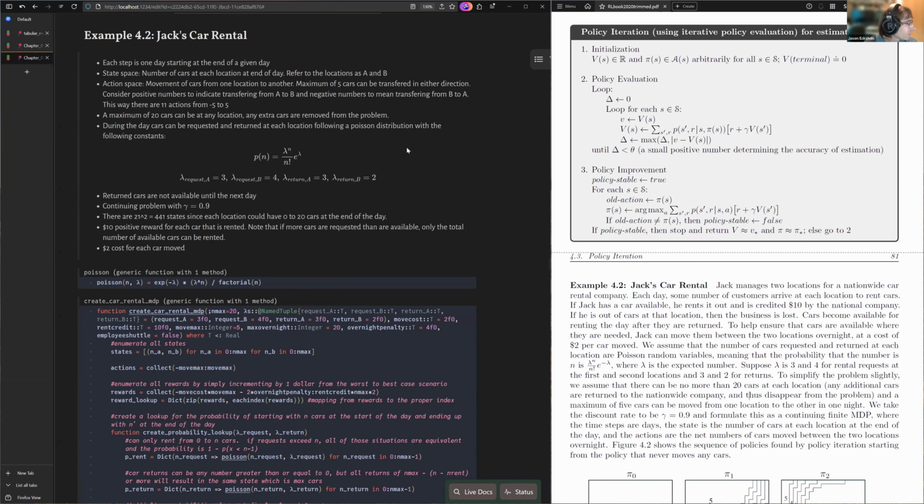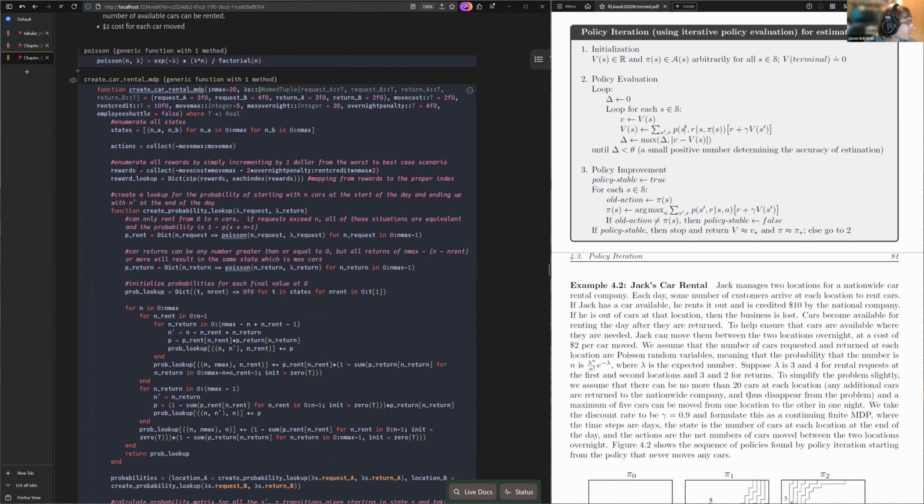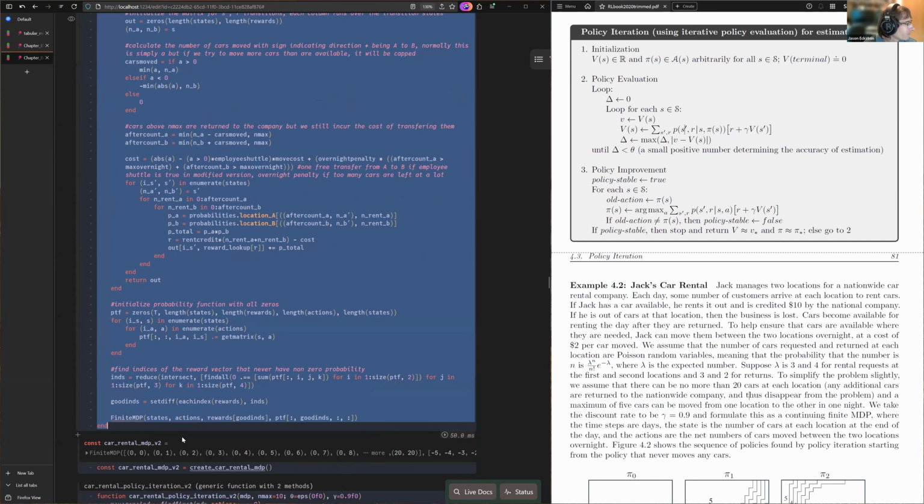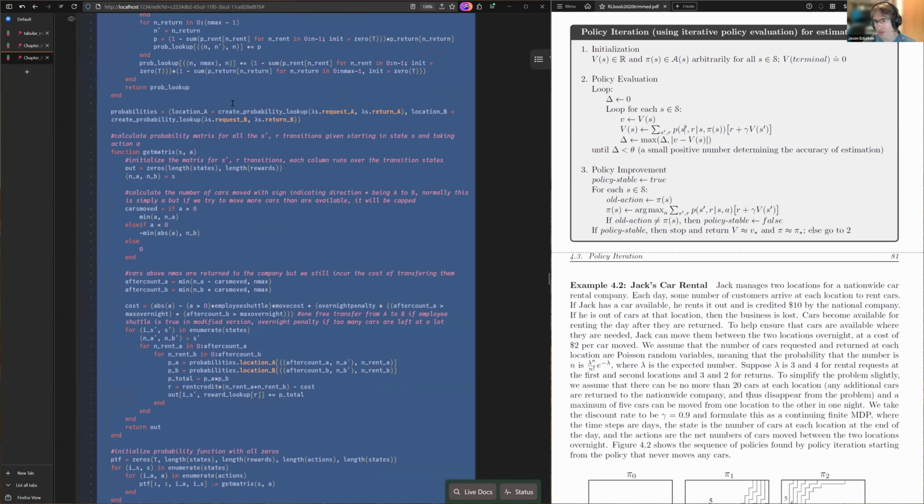This function here is what generates this P matrix, right? So really what it does is compute the probability of all of these four arguments. And it's kind of cumbersome.